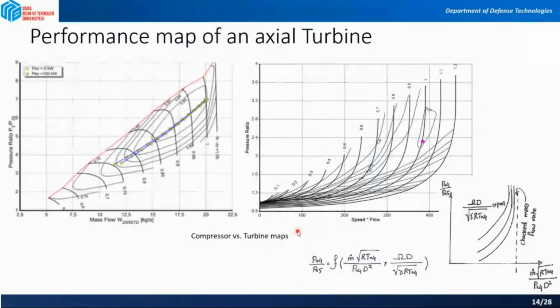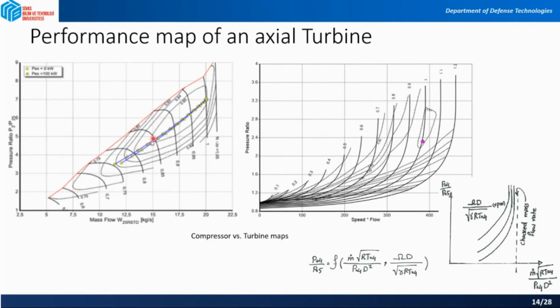If you remember, we had the compressor performance map. We mentioned this performance map before for the compressors, and there we said that we are actually showing some pressure ratios versus some mass flow rates or non-dimensional mass flow rates, and we are having different, let's say, rotations of the compressor blades or a stage rotation.